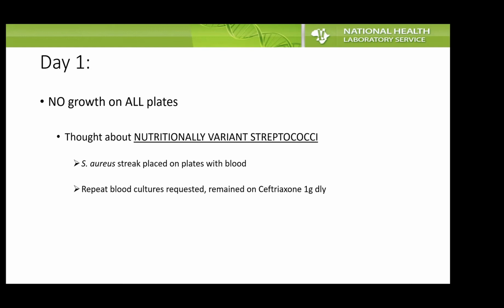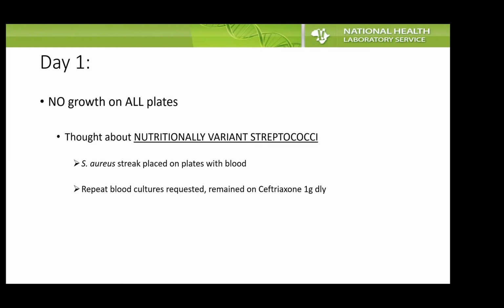Based on the history, the patient sounded quite ill, and in that instance, we actually considered nutritionally variant strep. As you can see, when it comes to that classification in terms of hemolysis, there's not a space for nutritionally variant strep in that classification.